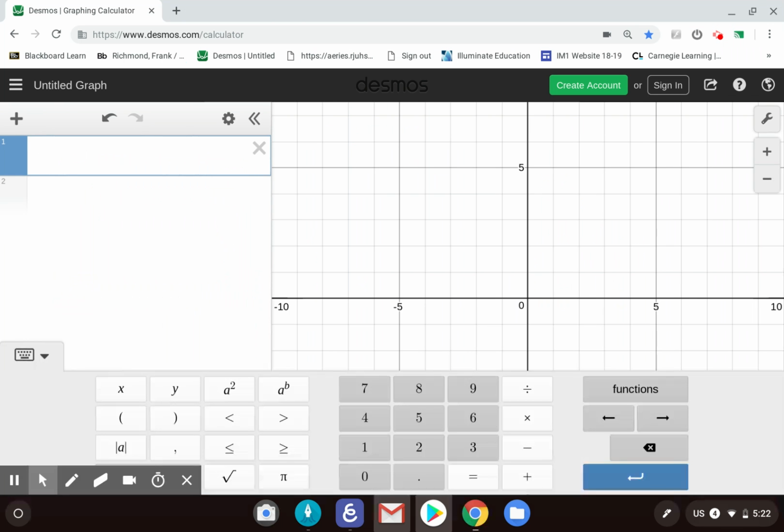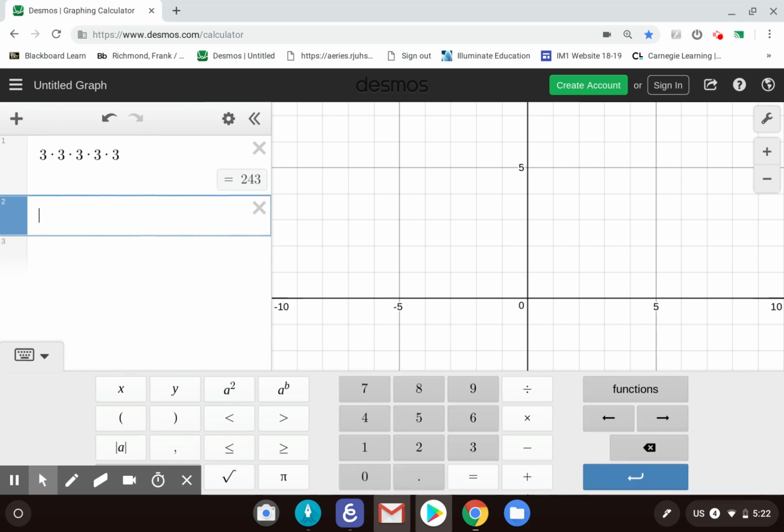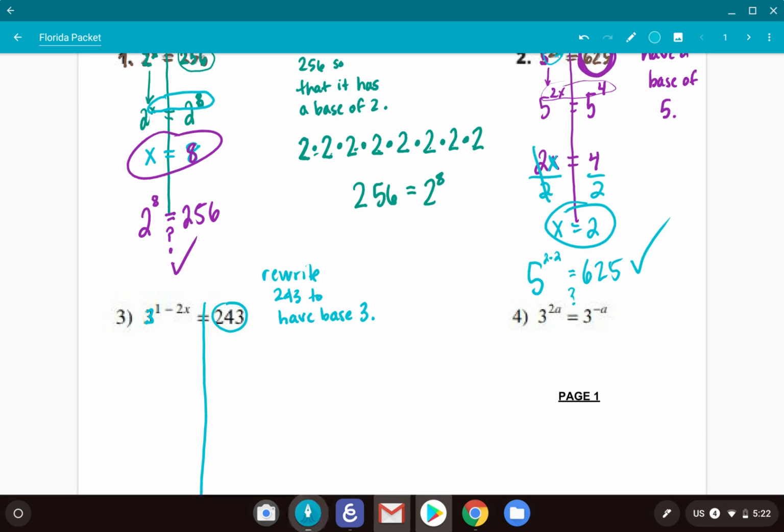Just keep multiplying 3 times itself until it equals, sorry, 243. And there you go. So 3 to the 5th power is equal to 243. So instead of 243, I'm going to write 3 to the 5th power because they're equal to each other. And then just bring down the other side of your equation.